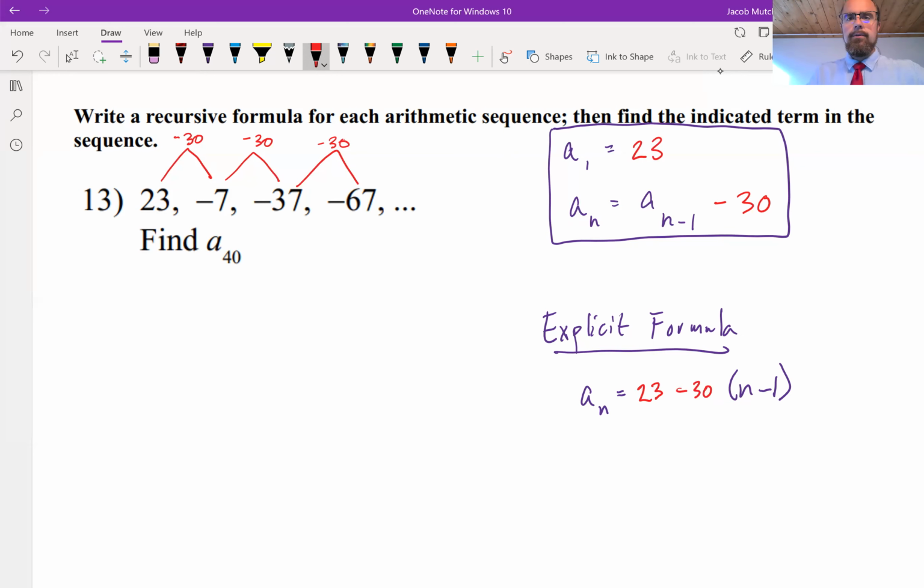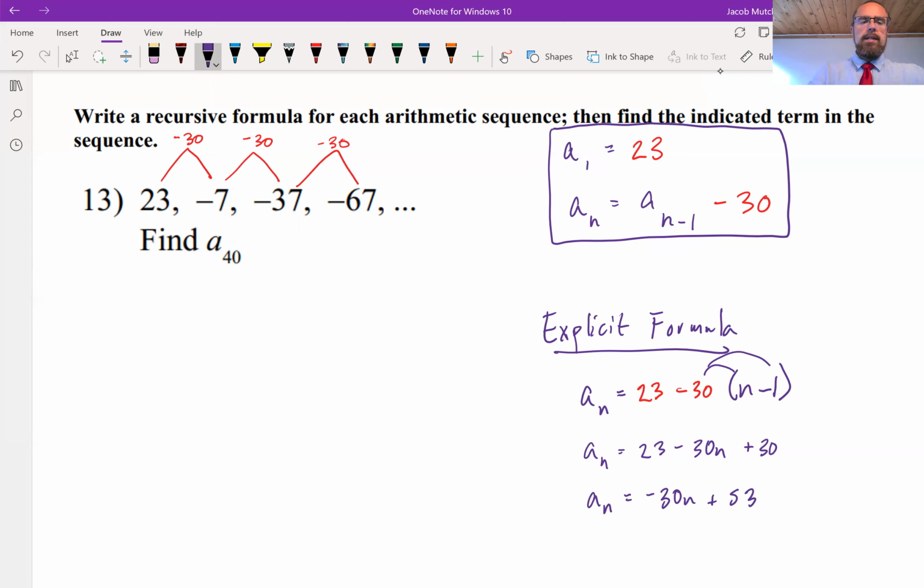Again, all I need to do now to get that in mx plus b form is distribute the slope here, the common difference. So that's going to give me a sub n is 23 minus 30n, negative 30 times negative 1 plus 30. And then combining my constants, a sub n is negative 30n plus 53.